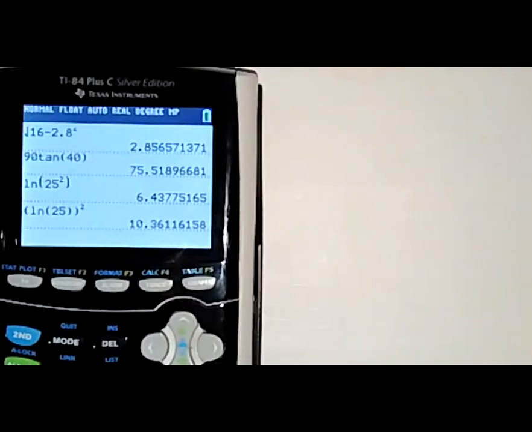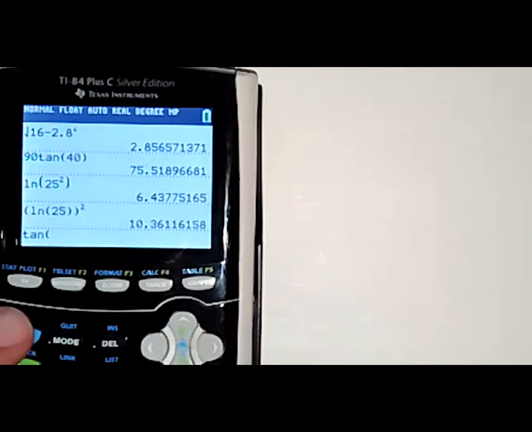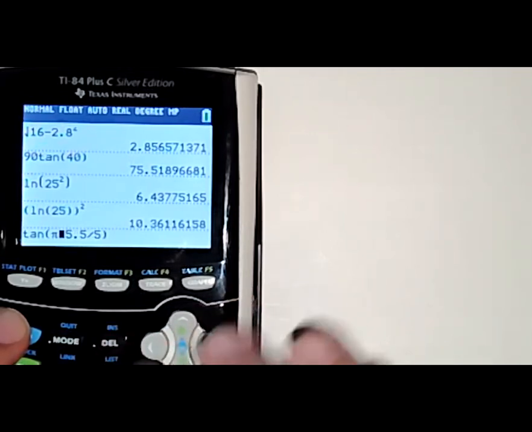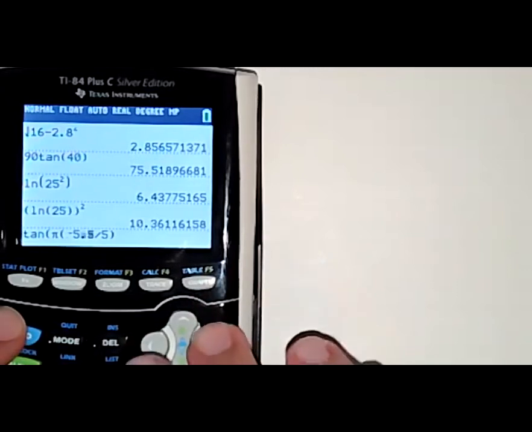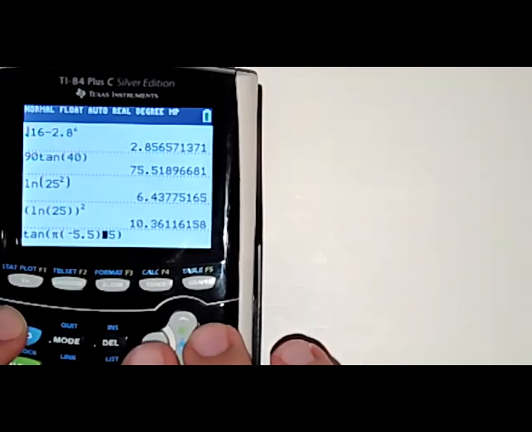Cotangent is simply 1 over tangent, right? So we can do either 1 divided by tangent, or do tangent and then -1. So it's pi times x. The first one is negative 5.5 divided by 5. Make sure that's a times there. So you see it's tangent of this divided by 5, right?